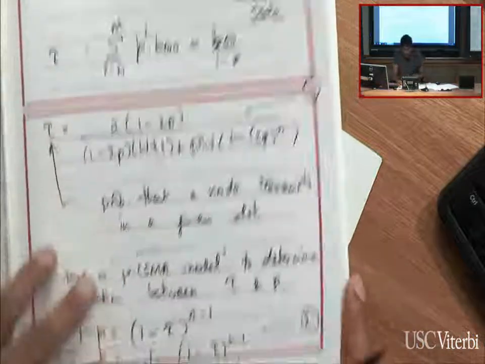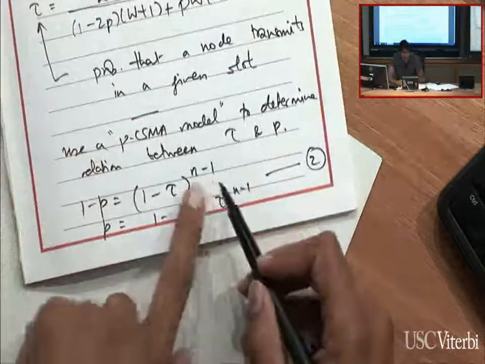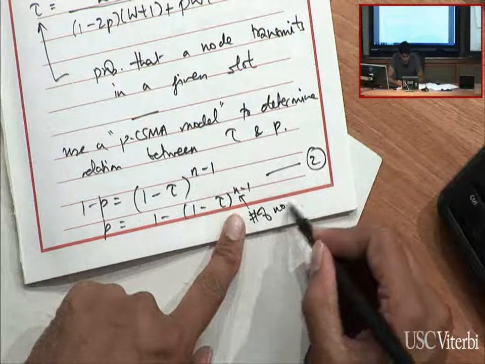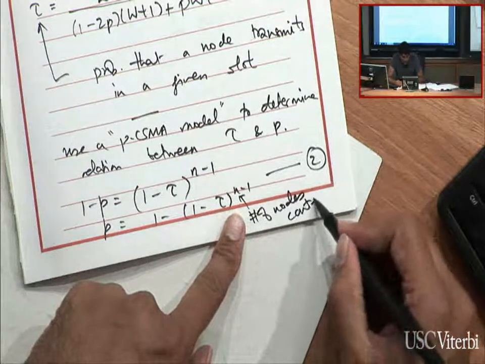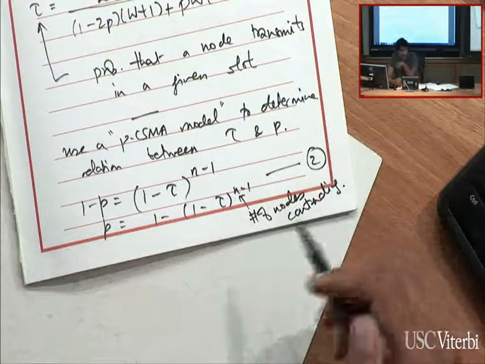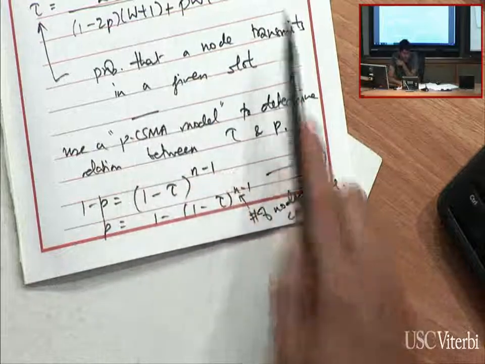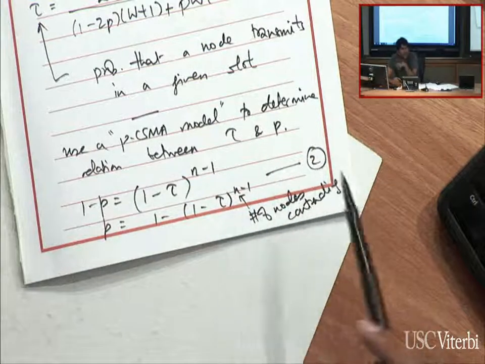So one thing to note is that now in this equation we also took into account the number of nodes contending. So in these equations, in order to solve for p and tau, you need to know w, you need to know m, and you need to know n. Right?